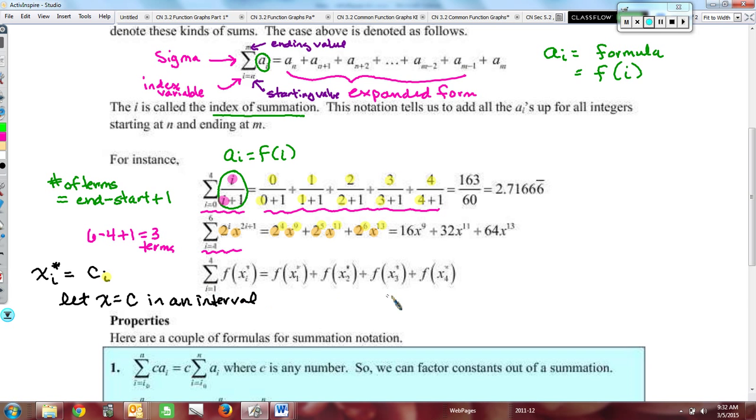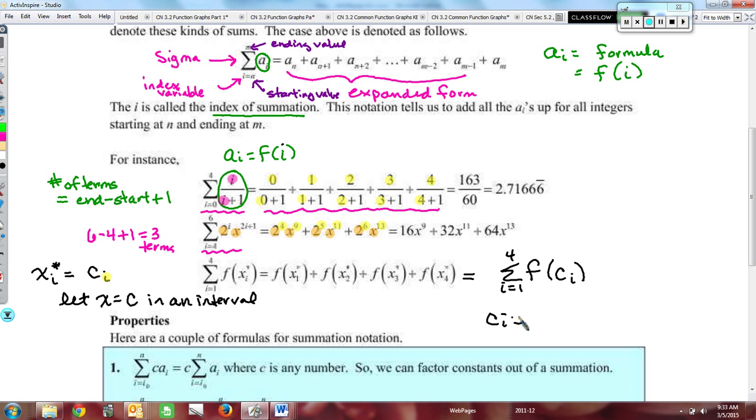I think I like that notation better than what we have in this set of notes. So when we look at it that way, we're going to have basically the sum of a function of these c sub i's that I'm going to choose. Notice it's not f of I like I was doing up here, but f of c sub I. Typically what that means is you're going to have a formula embedded inside of another formula.